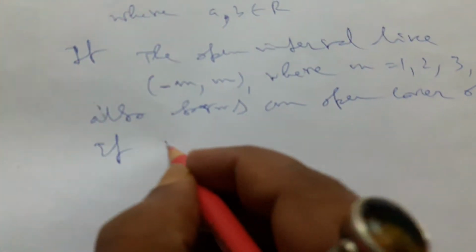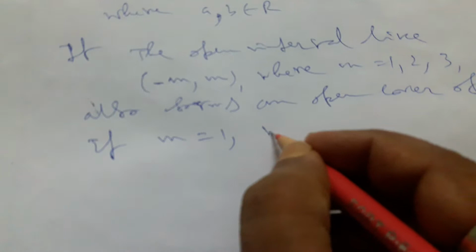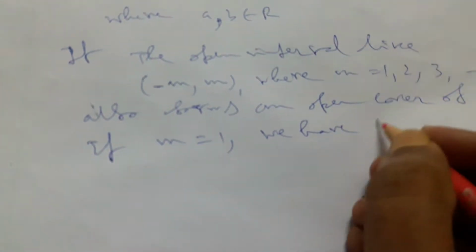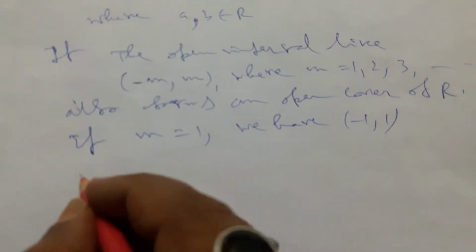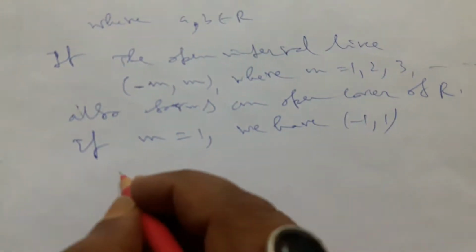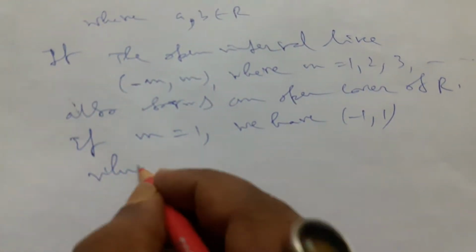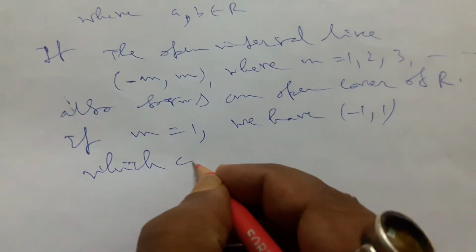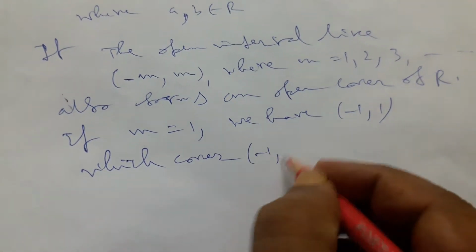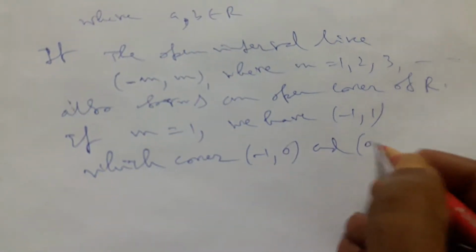But why do these things happen? If for m equal to 1, we have (-1, 1), which covers (-1, 0) and (0, 1).